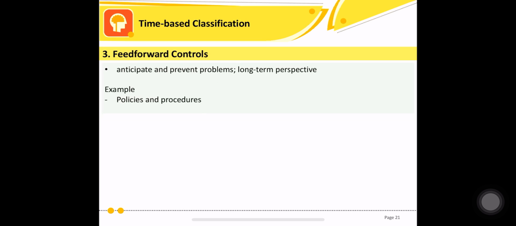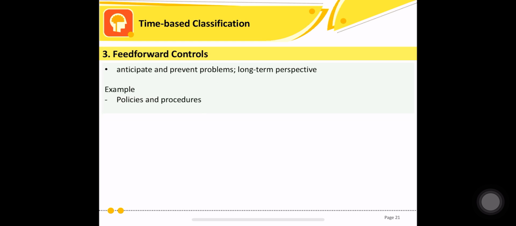Okay. Now, the second one is what we call the concurrent control. When we say concurrent, the risk is already happening, and that is when you implement the control or the action. And concurrent control is also known as preventive control.